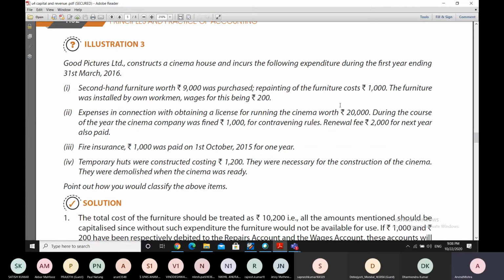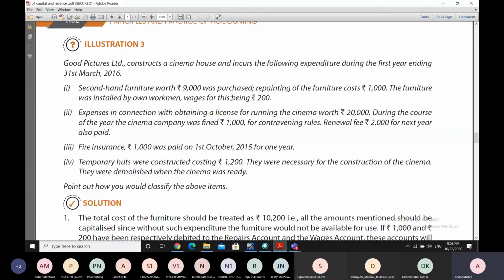Now here what is being done is a capital purchase. The second-hand furniture is a capital item which is being purchased. The repainting expenditure is also capital in nature, and the furniture was installed by workmen, and they got wages. So wages were also going towards the installation of the furniture.